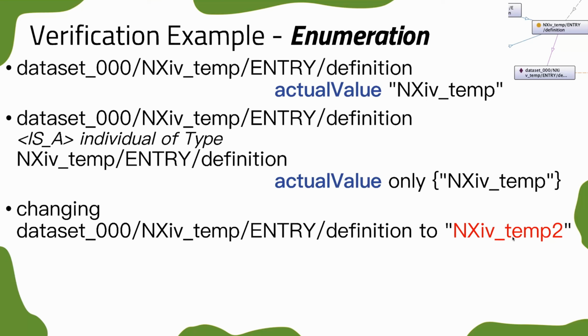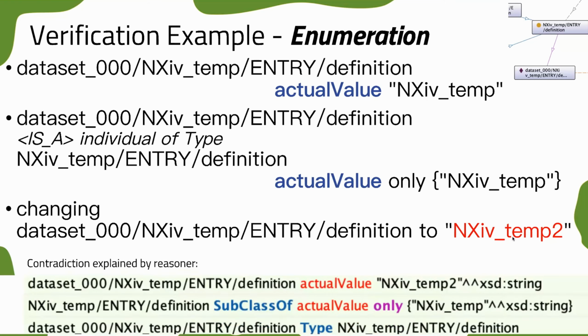Since we are using OWL, the Web Ontology Language, a very generic tool, a reasoner which works on this knowledge graph, can immediately show that there is an inconsistency in the system, and the contradiction is automatically explained by this reasoner, which is simply finding automatically the facts that I have just shown: that this data set definition now has the NX IV temp 2 value, but actually this IV temp entry definition should have only NX IV temp as a value, and this individual belongs to that group, so it should have this. And the reasoner is automatically explaining that something is going wrong.